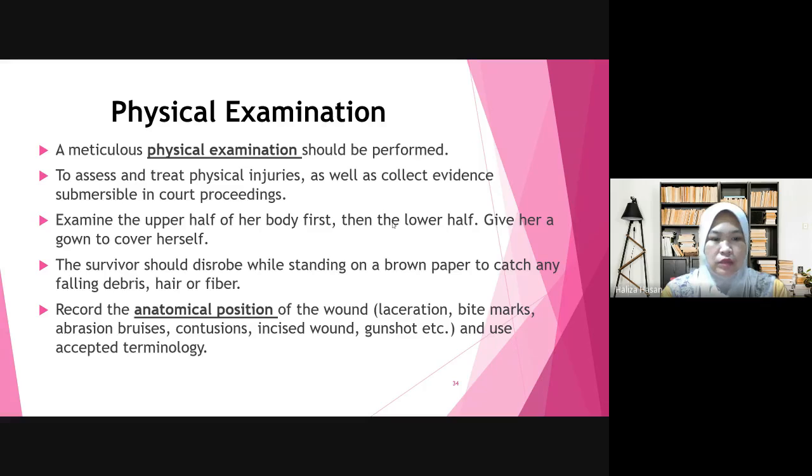Okay, then record the anatomical position of the wound. For example, if there is injury or wound, they will record the position of the wound, laceration, bite marks, everything, and use accepted terminology. Because this is evidence, there will be evidence.